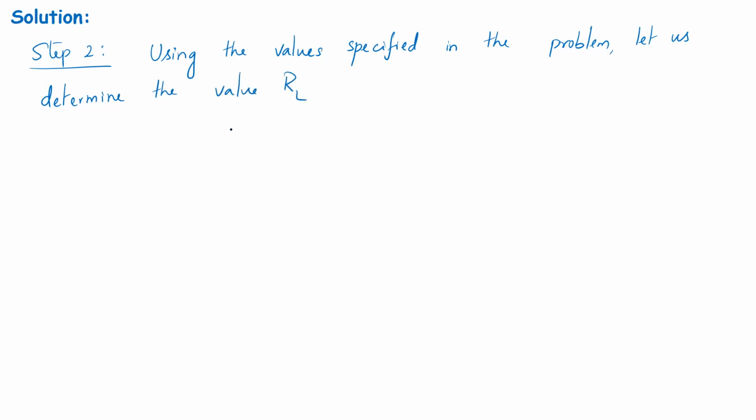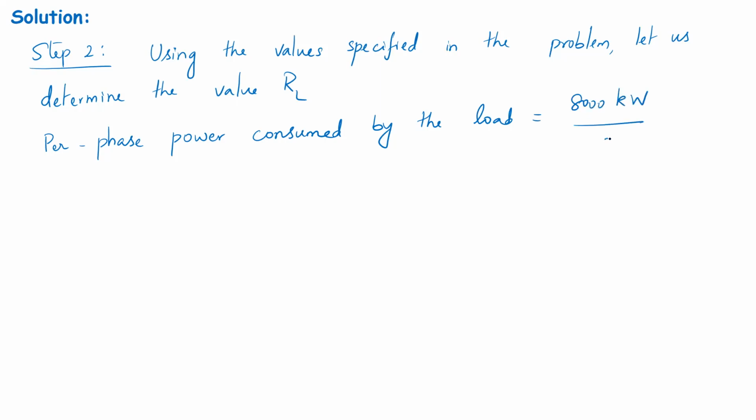As per the diagram, RL is the per phase load resistance value in the delta connected setup. And in order to calculate RL, we first have to determine the per phase power consumed by the load. So the per phase power consumed by the load is nothing but 8,000 kilowatts divided by 3.